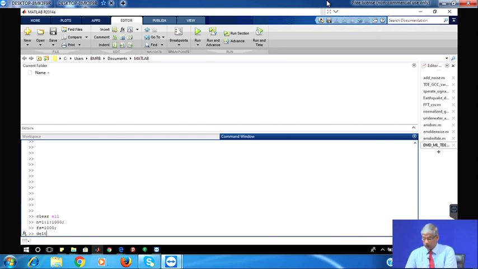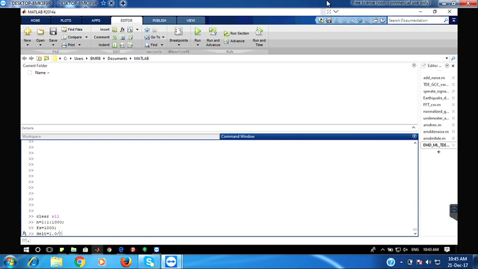So, delta t is nothing but 1 divided by f s. I will have a sine wave frequency of f is equal to 10, and then time at any instance t is n star del t.